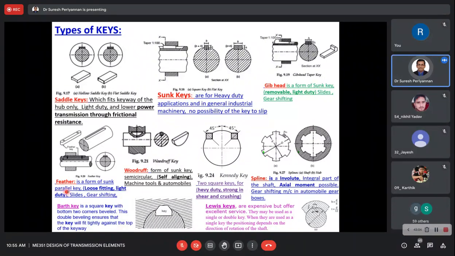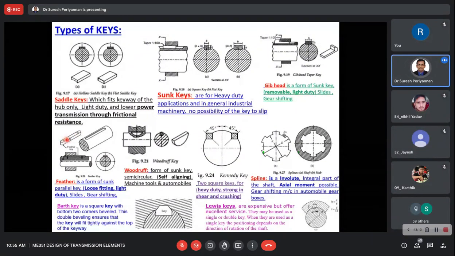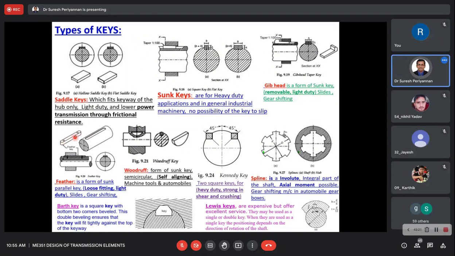This is a parallel key, used where there is loose fitting and light duty. Here they provided some arrangement: once we insert the key, we use screws to tighten it to avoid any lateral or axial movement of the key. Okay, this is a feather key.